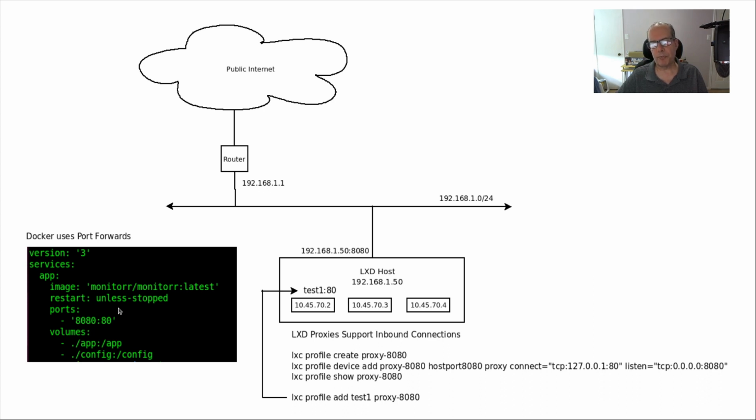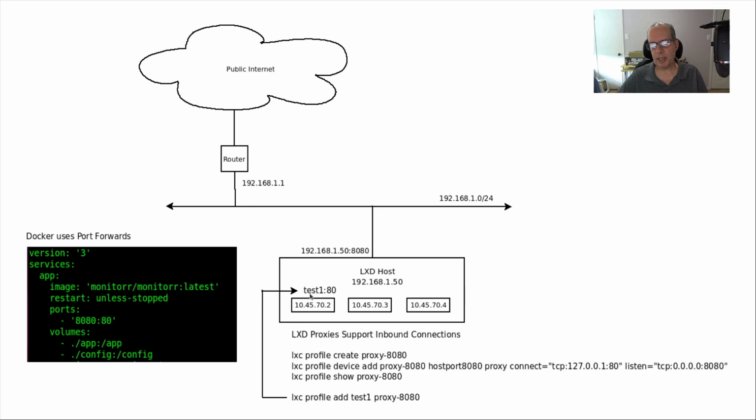And so if you create a LXD container, you have the same sort of capability in that suppose we were looking at 192.168.1.50 being the LXD host. Well, we could have port 8080 here be what we're communicating on, and we may have 3 internal containers, and if they all wanted to use port 80, we'd have to offer them on different ports.